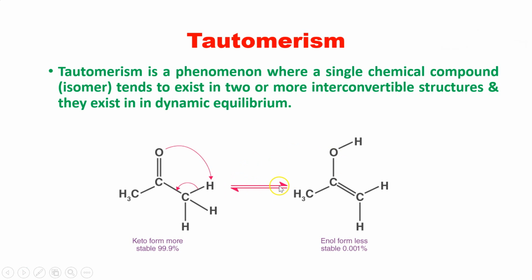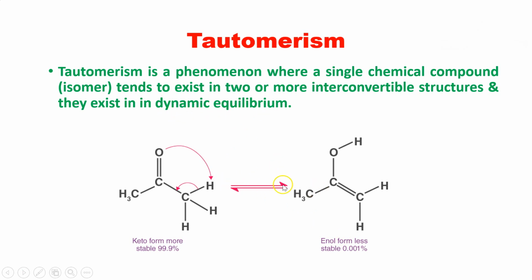So it is very important that these are interconvertible structures. It does not happen that the keto form directly goes into an enol form permanently. Again it will come back, but at room temperature, the keto form is more stable, and the enol form is less stable.